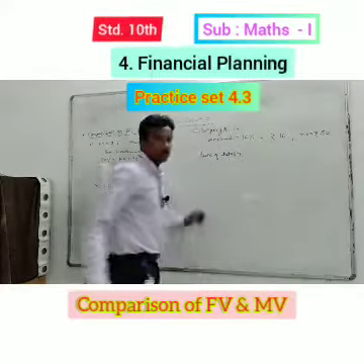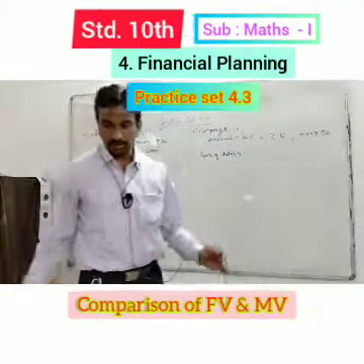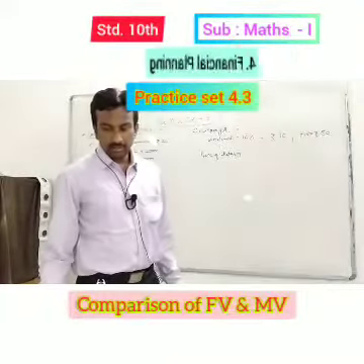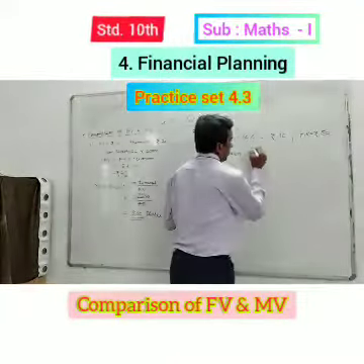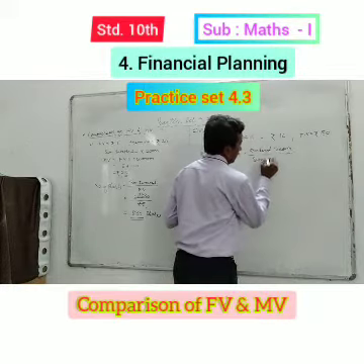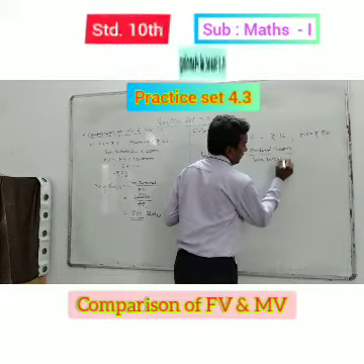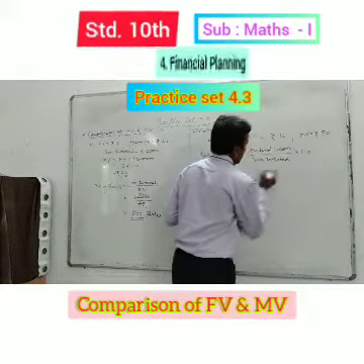Rate of return is equal to, formula is dividend income upon sum invested into 100.